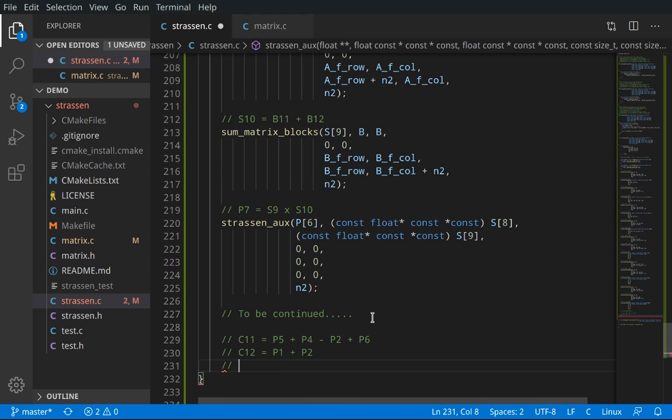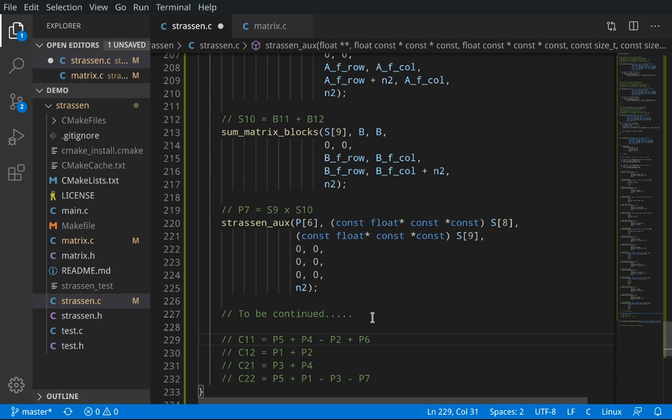Then we will compute C21, which should be equal to P3 plus P4. And last but not least, we are missing C22, which is equal to P5 plus P1 minus P3 minus P7. This is what we saw on the slides.